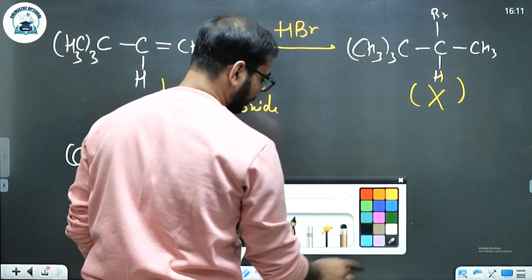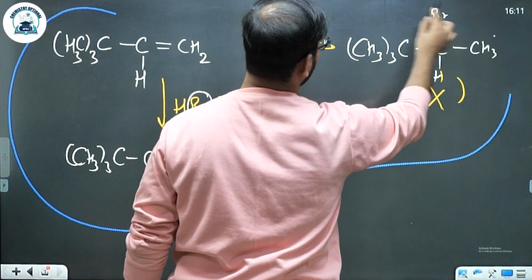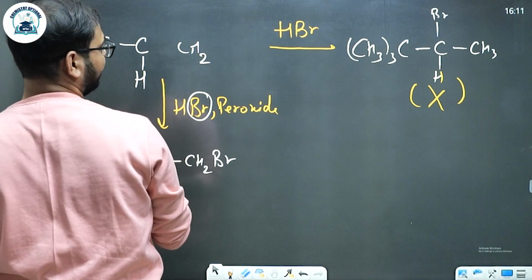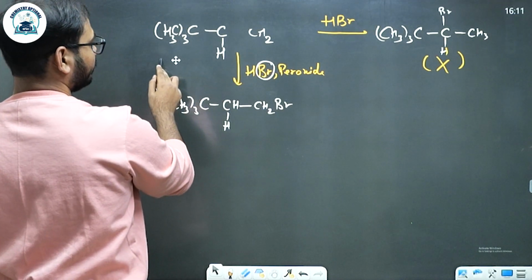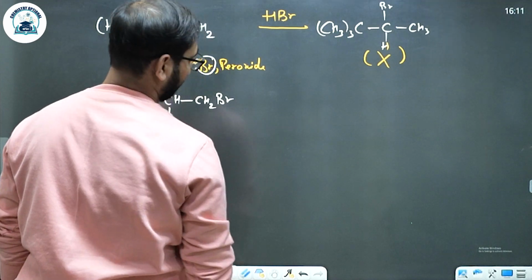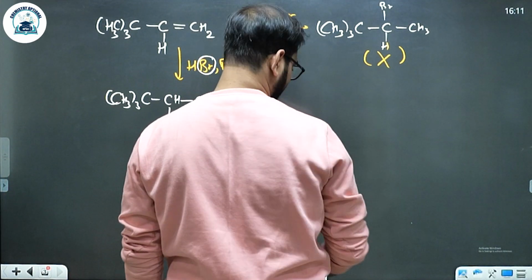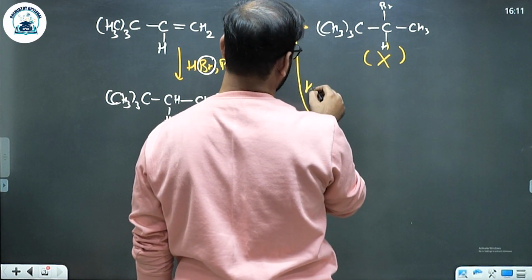So where does this problem lie? As we stated, Markovnikov's rule does not take into account the possibility of rearrangement to generate a more stabilized carbocation. So in this reaction, the actual product will be formed as follows.